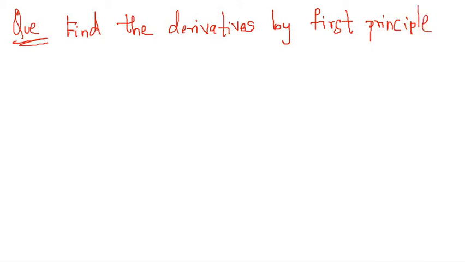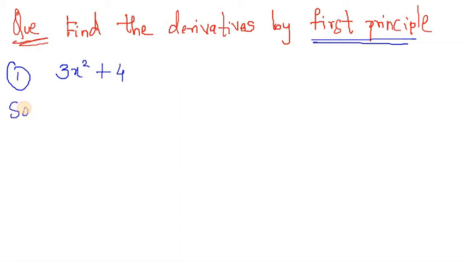So what's the important part in this question? First principle. So let's start. Number 1. 3x squared plus 4. In this case, what is the function? F of x is 3x squared plus 4.